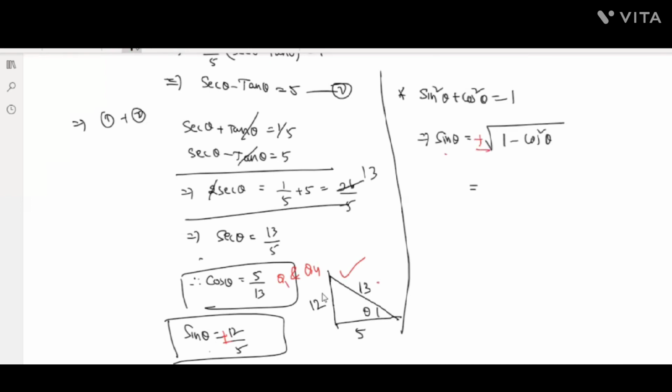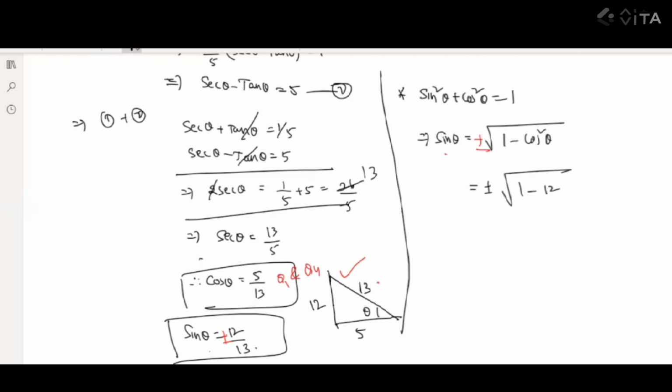So here also sin theta is plus or minus root over 1 minus cos square theta. So this is not 5, hypotenuse, right? This is 13.